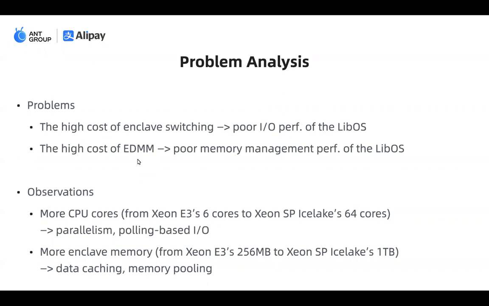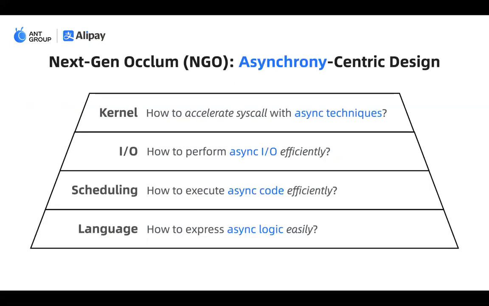So based on these observations, we have introduced a new design for the next gen Occlum, which we call asynchronous-centric design. This asynchronous-centric design manifests itself as 4 levels, from bottom to the top.